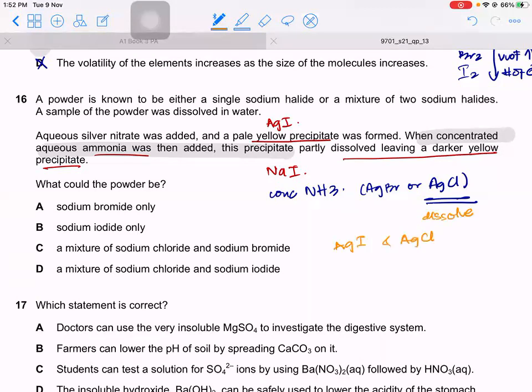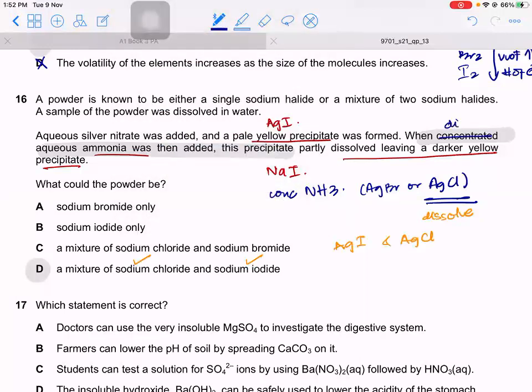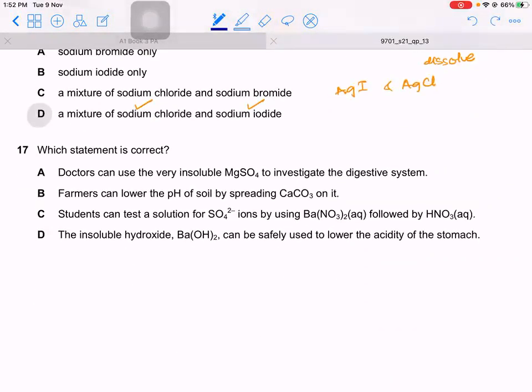They're saying it partly dissolves. So which one is dissolving? The one with chloride, AgCl. And the one which stays is the iodide. The answer therefore is D. Clear? If they would have said dilute aqueous ammonia, then it would have been AgBr and AgI. Clear?